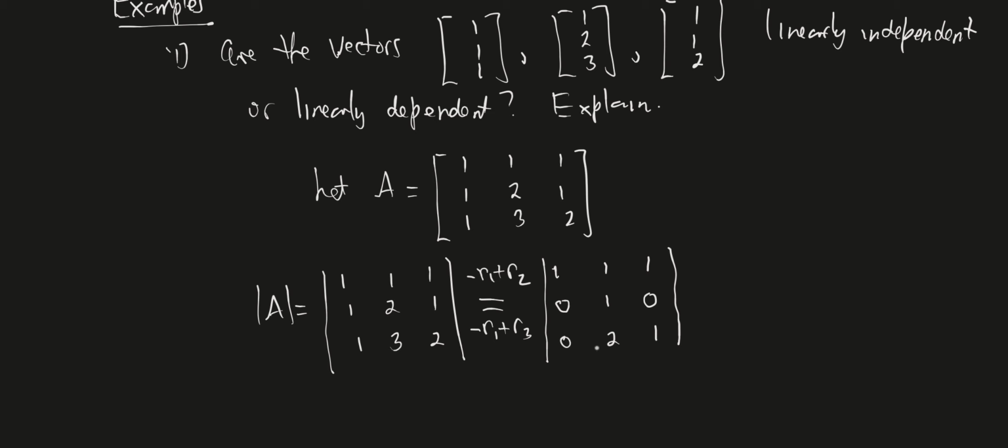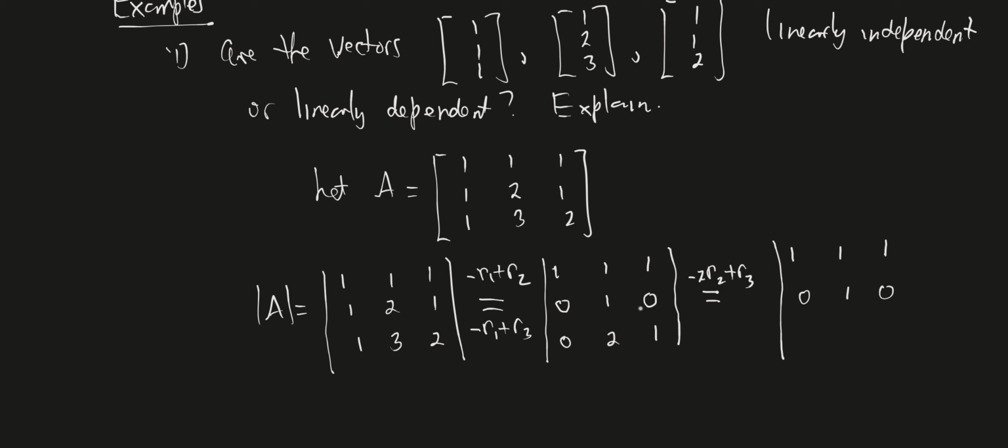All right? So not quite triangular yet. But let's now eliminate the 2. So do another row add. If we do negative 2 times row 2 added to row 3, that will eliminate this entry. So we'll still have 1, 1, 1, and then 0, 1, 0.